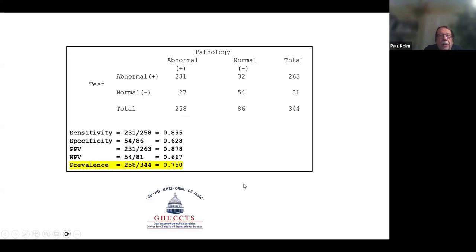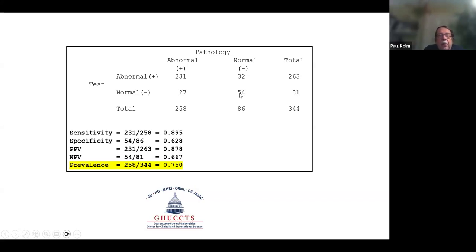Okay. So an example here, where I have abnormal and normal, or with some pathology. And so I put in actual numbers here. Our sensitivity is just 231 divided by the sum of those that have a positive and a negative test that are actually abnormal, 258, which comes out to be nearly 0.9.